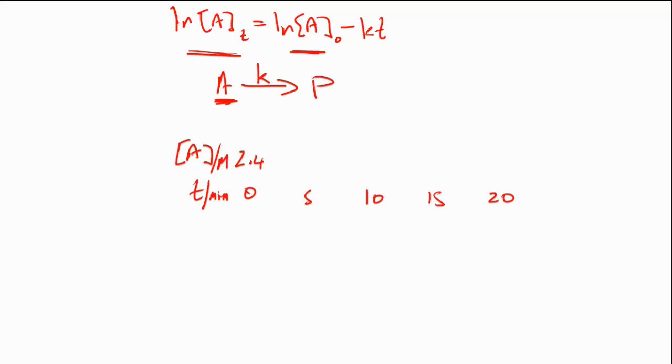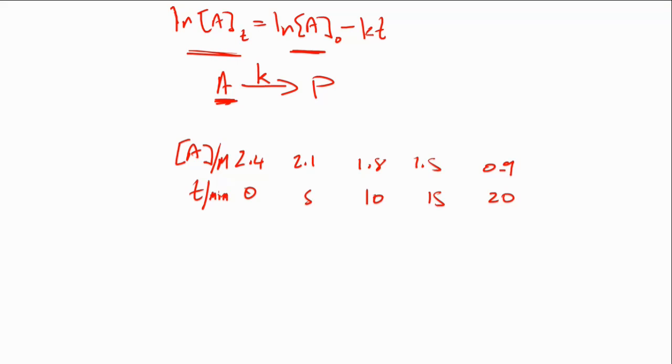2.4, and then after 5 minutes, it is 2.1. After 10 minutes, it's 1.8. After 15 minutes, maybe it's about 1.5. I'm just guessing some numbers here. And let's say after 20 minutes, it is 0.9. So you have now some concentration values and some time values.